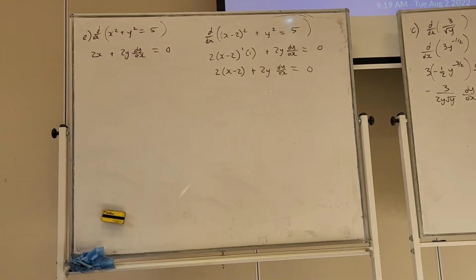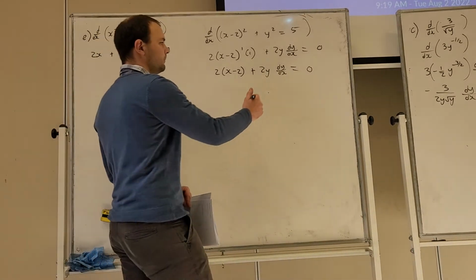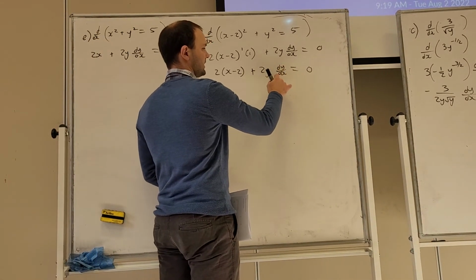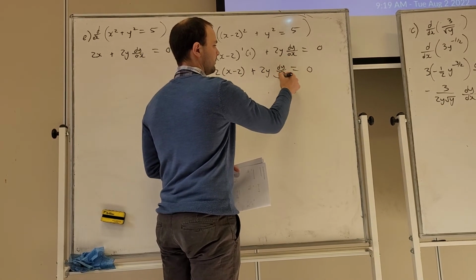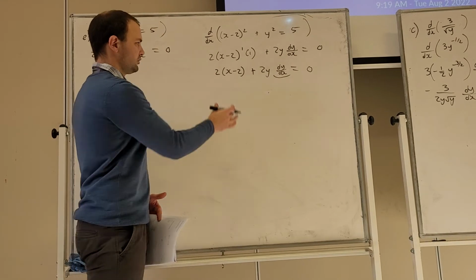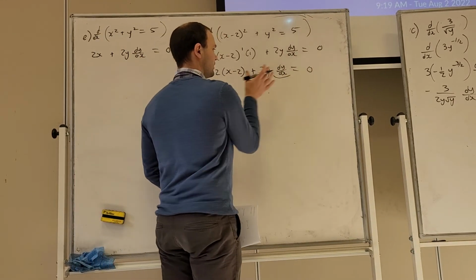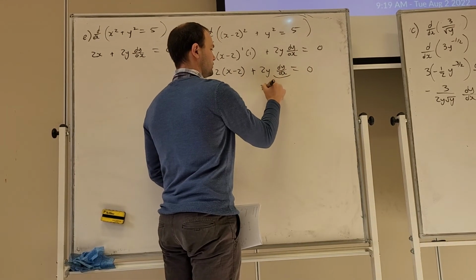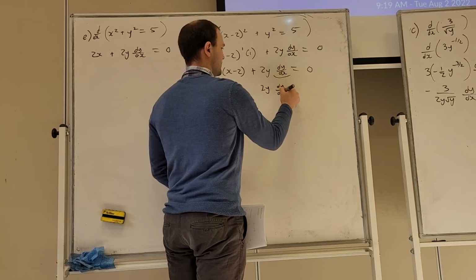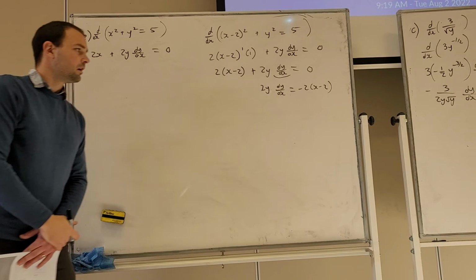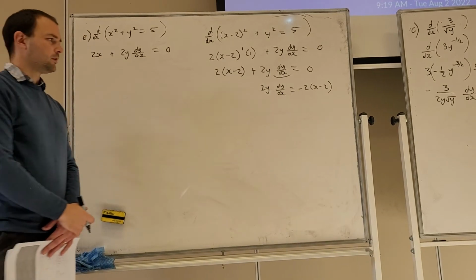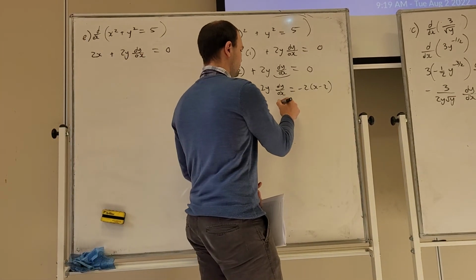Now, we want to know the slope when x is 1, which means we're trying to solve for dy on dx. So it's like an equation, right? And this is the variable we want by itself. So the first thing we'll do, we'll subtract that from both sides. So we'll be left with 2y dy on dx equals minus 2 times x take 2. We will divide both sides by 2y.